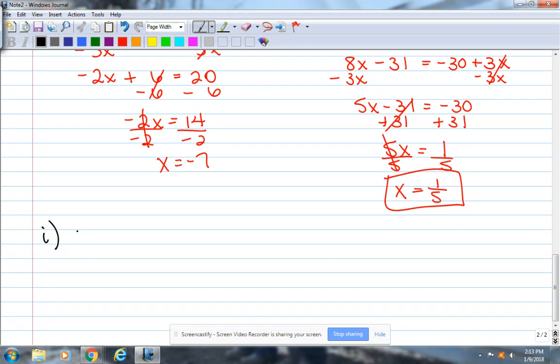This one says 3 parentheses 5x minus 8 equals -2 times -x plus 7 and then minus 12x. It looks longer than the first one we did, but it's actually exactly the same as the one we just did, stepwise. I just stretched it out longer because I had more space. So, y'all get it copied down.